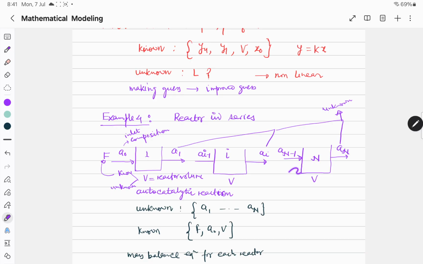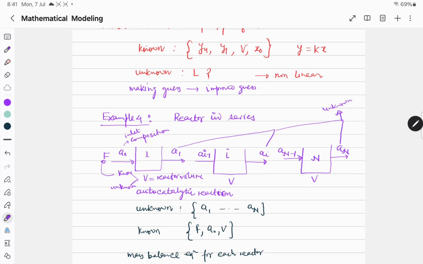Similarly for the nth reactor, suppose capital N is the total number of reactors, An minus 1 is the inlet concentration and An is the outlet concentration. So A1 to An are unknowns, and A naught and feed are known, and reactor volume may be known or unknown.